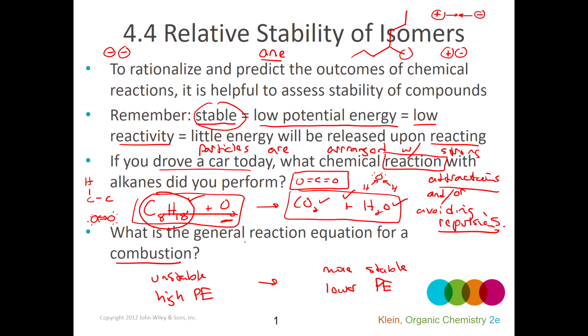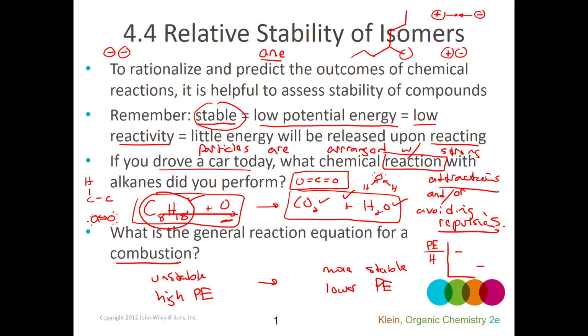And so that's a situation where, as we discussed in Gen Chem, if I'm looking at the enthalpy or potential energy versus the reaction progress, the reactants are higher in potential energy, the products are lower in potential energy.